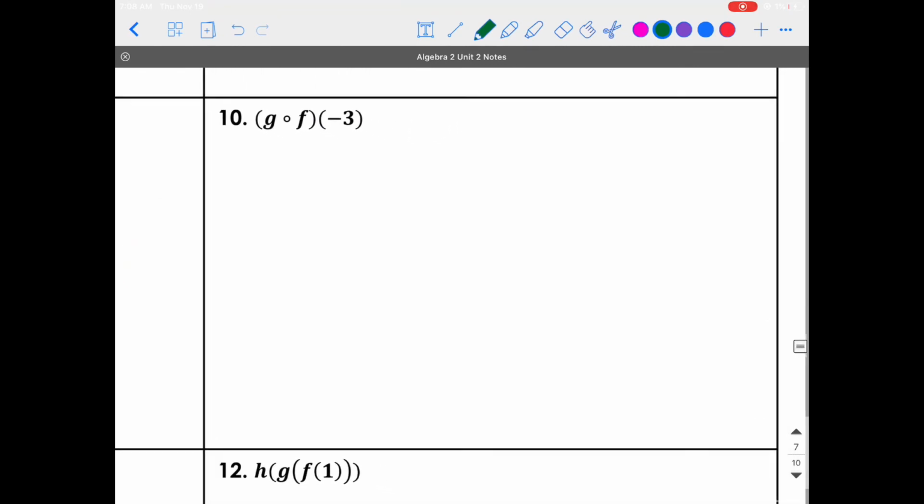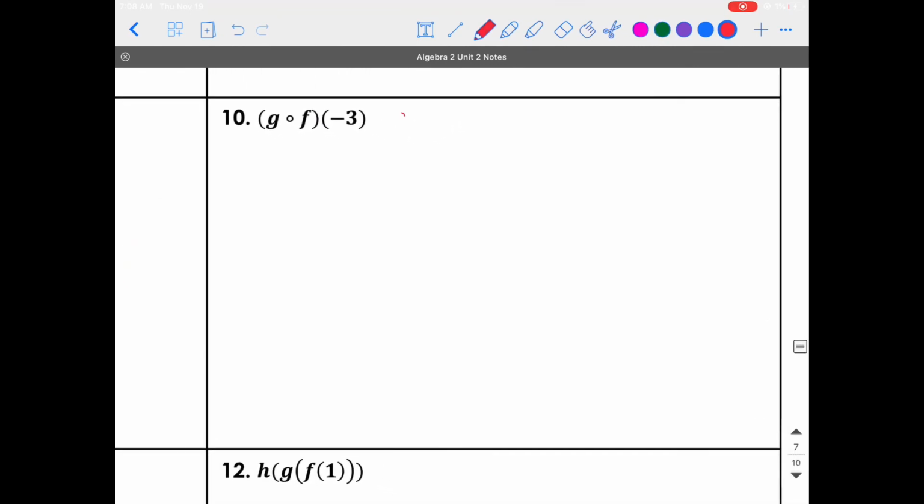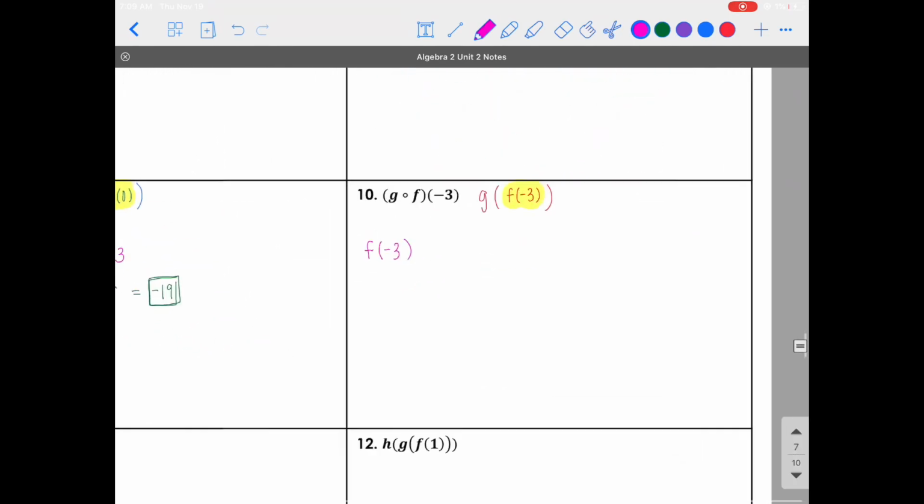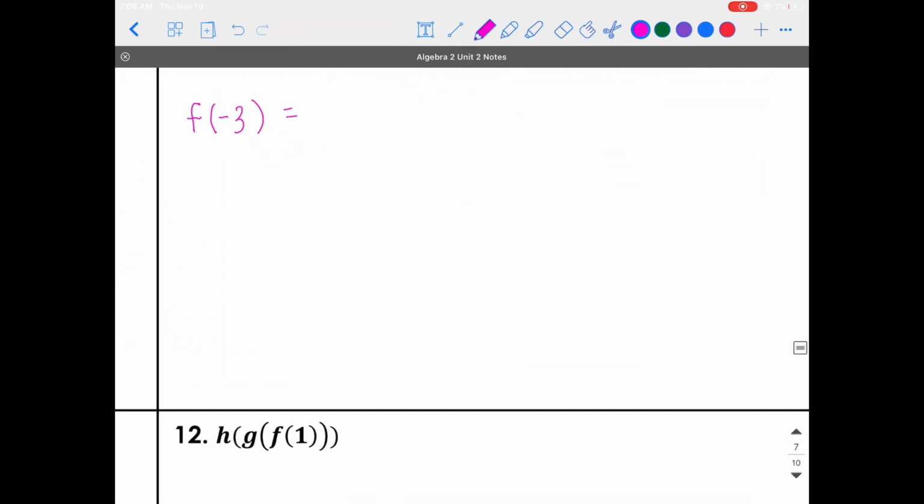All right, G, I'm going to read this, g of f of negative 3. So the f is the one that's on the inside. So we're going to do that first. F of negative 3. Negative 3 cubed plus 8.